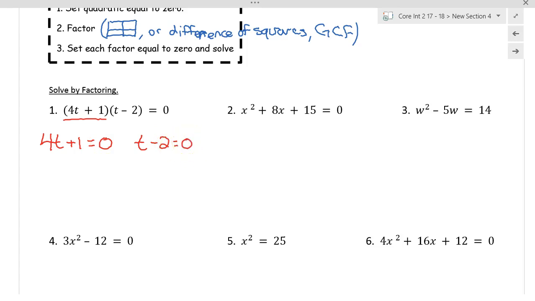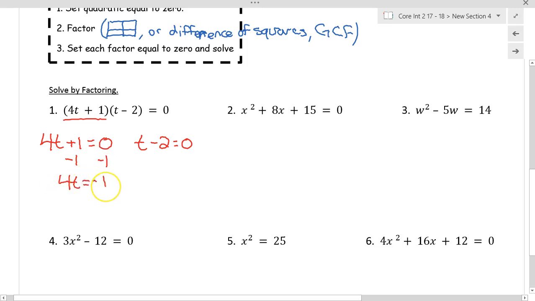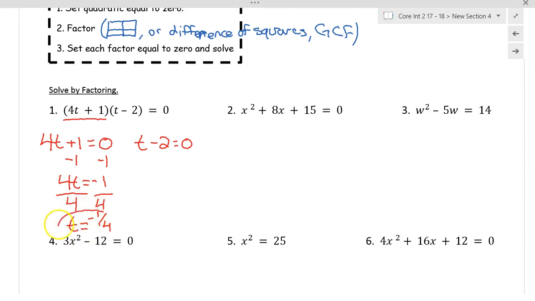I just split it up. We're going to start with this equation. Remember, addition and subtraction first. I'm going to subtract 1 from both sides. 4t equals negative 1. And then I'm going to divide by 4. t equals negative 1/4.